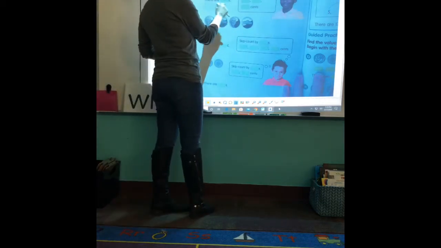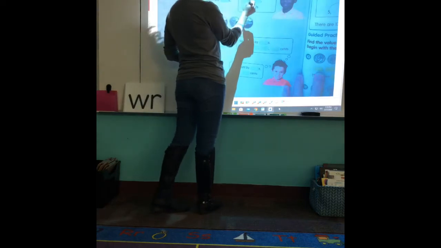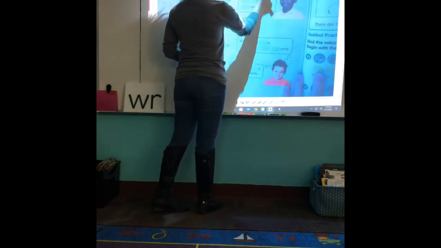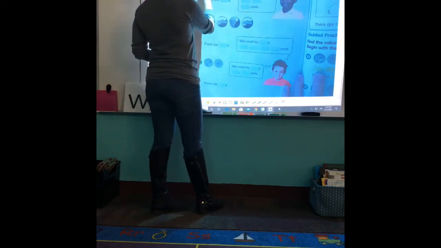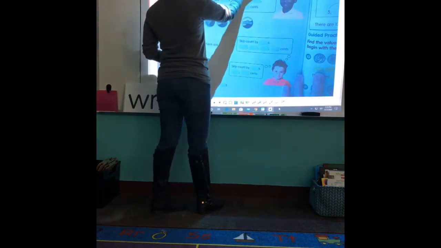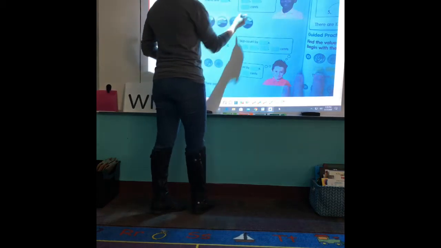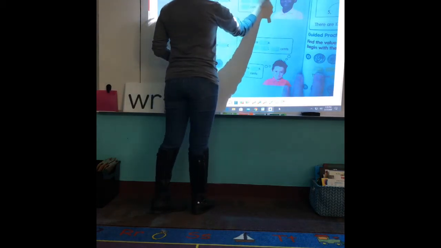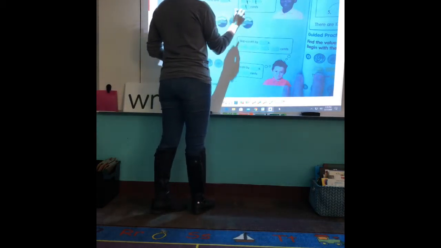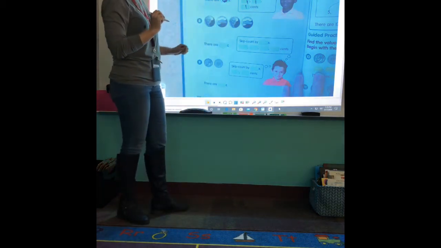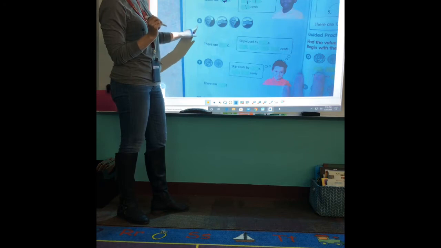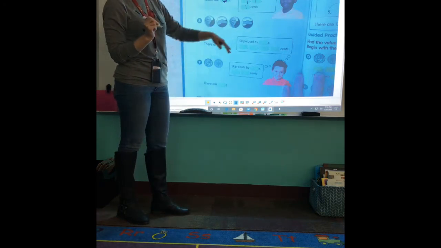We are counting pennies, so we count by ones, okay? And we have 1, 2, 3, 4, 5, 6. 6 cents, okay?